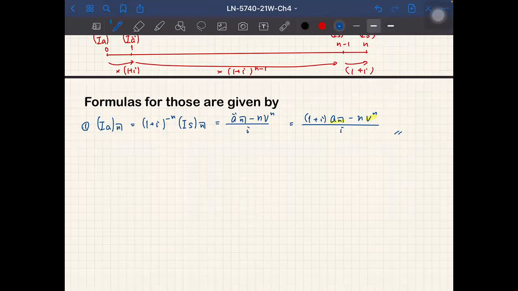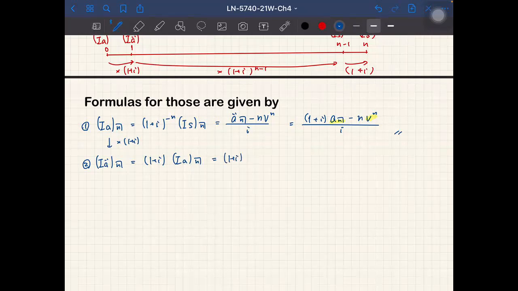Okay, second formula, what is (Iä)‾n? This accumulates 1 year of interest compared to this, so you can multiply by 1 plus i. So this is (1 plus i) times (Ia)‾n.